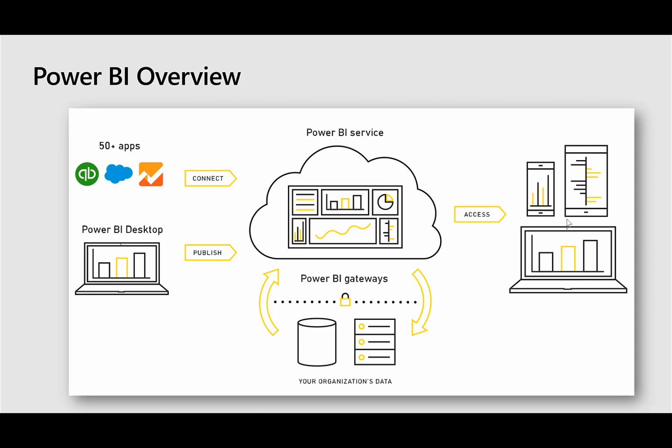With the on-premise data gateway, what it does is create an encrypted pipe between the Power BI service and the VNet where the data source lives, and allows that connectivity to happen so that data from the data source can be accessed.